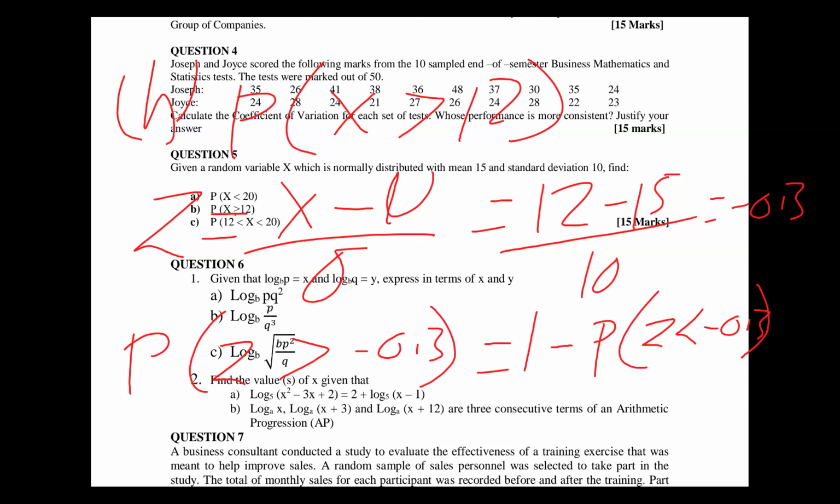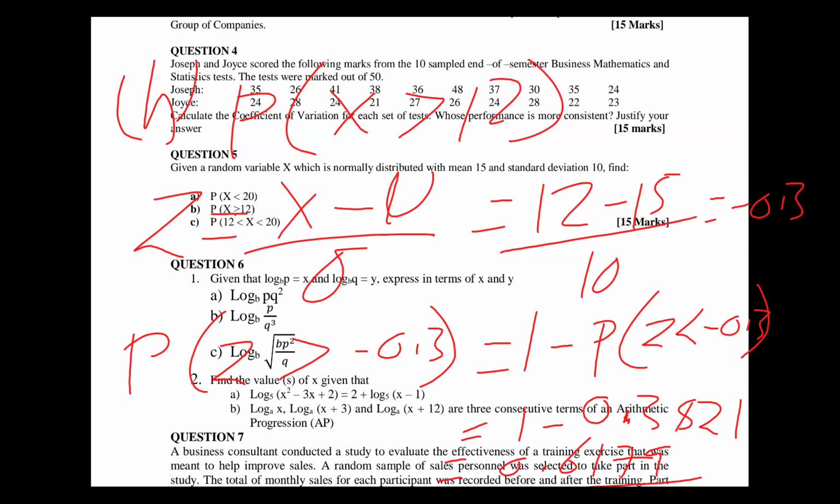When you do that, we have 1 minus the probability that Z is less than negative 0.3, which is given from the standard normal distribution table as 0.3821. That shall equal 0.6179.